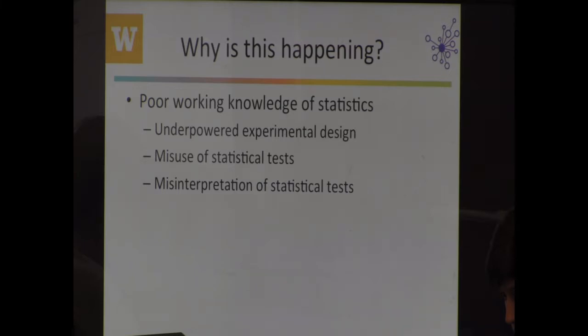So the experimental design is underpowered, or the incorrect statistical test is used, or even the statistical test is not interpreted correctly. So, I think you would know if you haven't taken a statistics class in the last 3 to 5 years. But if you feel like your statistics are weak, then I encourage you to look at ways to improve your understanding of statistics. And statisticians as a group are generally nice people, and so maybe make friends with one.